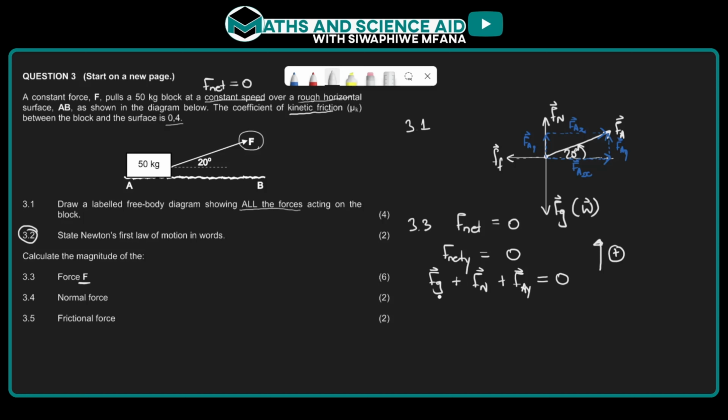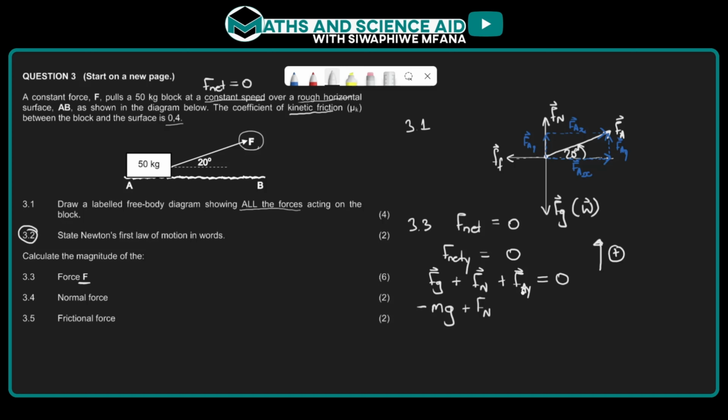First of all, Fg is downwards, therefore it will be negative. And we know that Fg is given by mg. So it's given by the product of the mass of the object in question multiplied by the gravitational acceleration. And then Fn is upwards, and so it will be positive, and we do not know what that will be equal to right now.